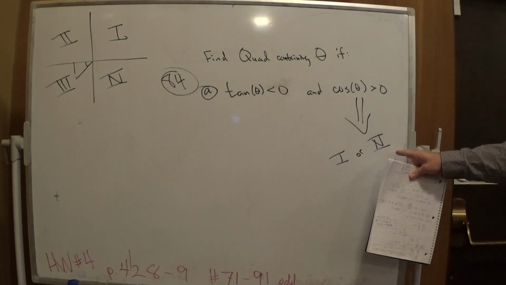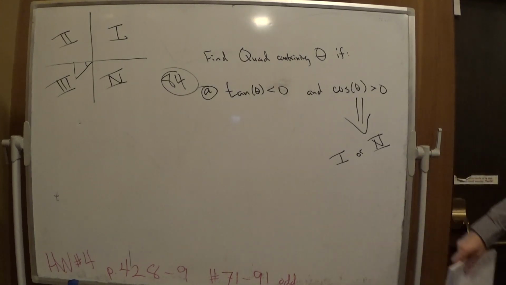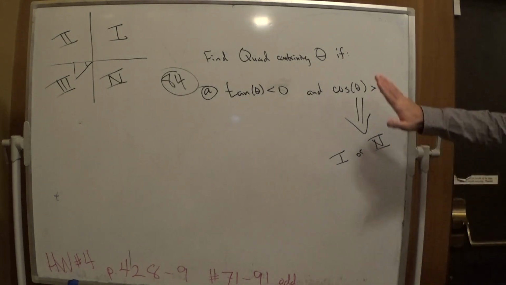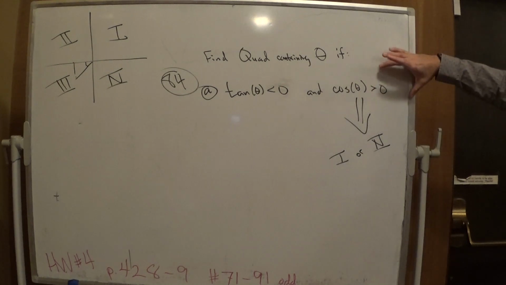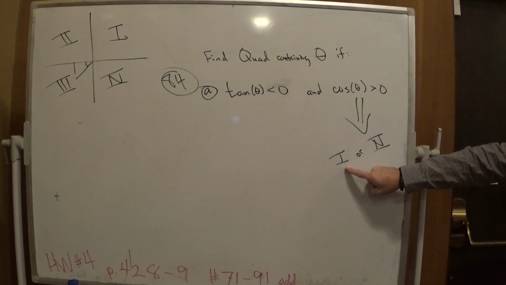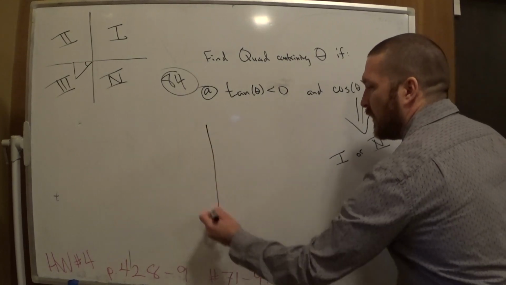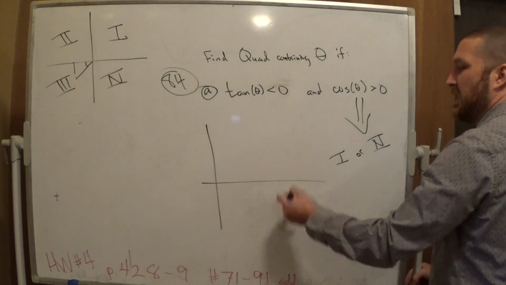We're either in 1 or 4, because cosine has to be positive. It can't be 3. Wait a second, both of these have to be true. We already figured out that this implies that we're either in quadrant 1 or 4. So these are our two possibilities.